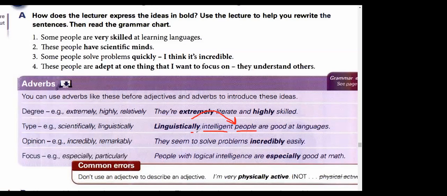So it's linguistically intelligent people. But now what's the change? On the first example we're describing people, and now we're describing intelligent. Because intelligent is describing people as well, but there is a chain. There is an order, and because of that order, linguistically is for intelligent and intelligent is for people.